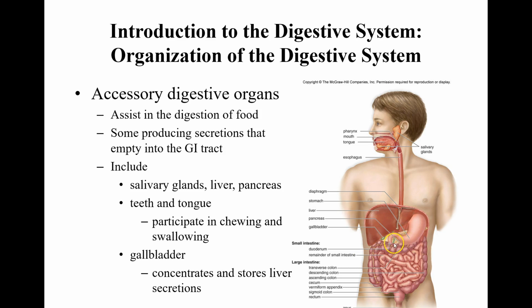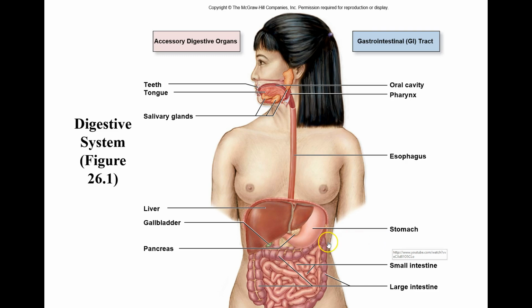And then we have the pancreas, which is this little organ right down here. I don't have a label on there, but you can see it right here. The pancreas is both an endocrine and an exocrine organ. We've talked about it in the endocrine system because it has major functions, producing insulin, glucagon, and some other hormones.